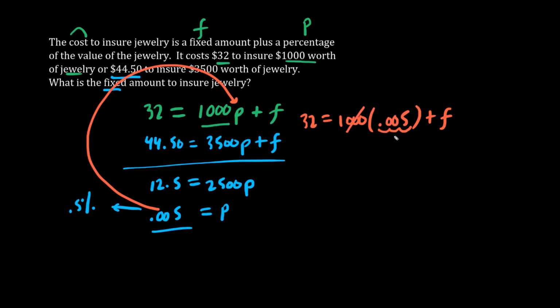So we have 5 plus F equals 32. Thus, F equals 32 minus 5, which is 27. So we solved the problem. The fixed amount is $27, and we pay this amount regardless of how expensive or cheap the jewelry is.